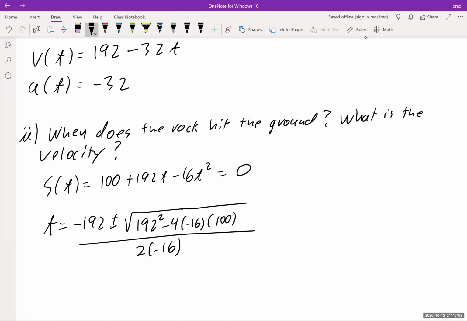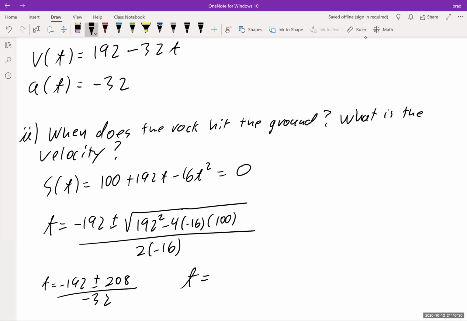So let's see what we get on our calculator. 192 squared, and a minus becomes a plus. So that's plus 4 times 16 is 64, times 100, plus 6,400. I'm going to do the square root of that. I get 208. So this becomes t equals negative 192 plus or minus 208, all divided by negative 32.